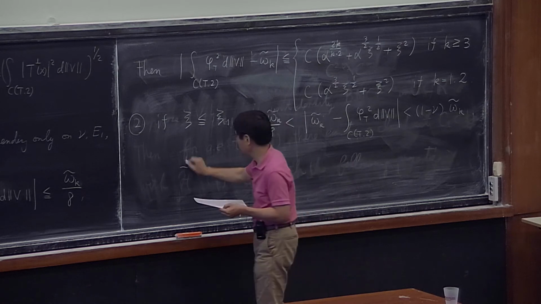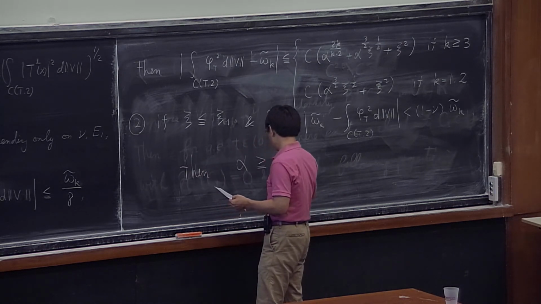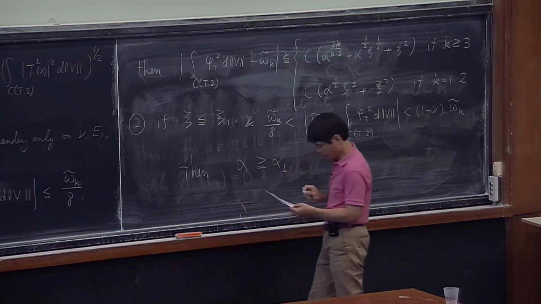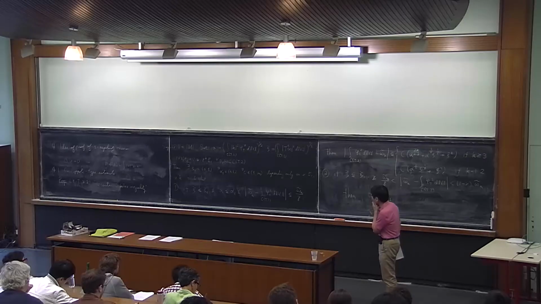Then the answer to the last commutation is this is bigger than alpha 1. Okay, so that's the statement. It's very long, sorry, but let me explain what this is.